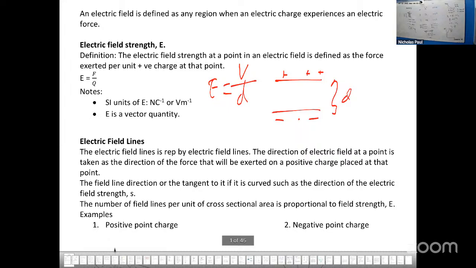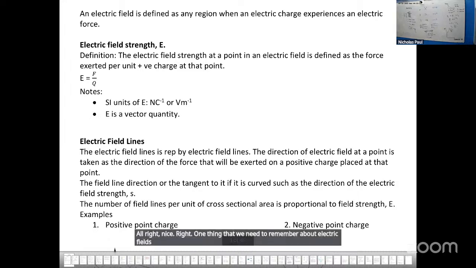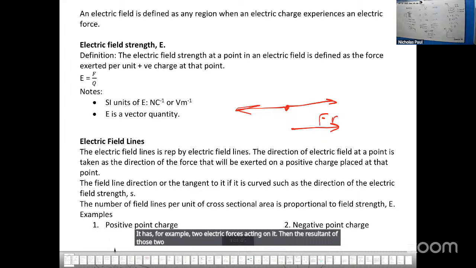All right, nice. One thing that we need to remember about the electric field strength is that it is a vector quantity. So simple thing, if you have a charge in the middle here, and it has, for example, two electric forces acting on it, then the resultant of those two electric forces will be the direction of the electric field acting on it.